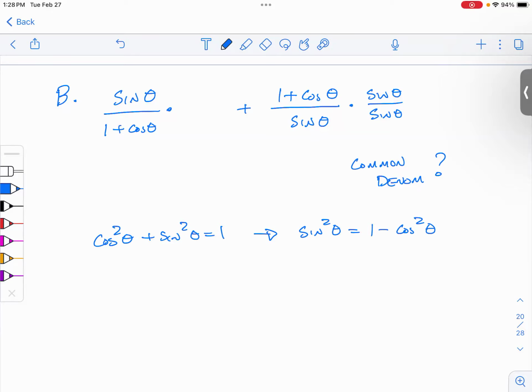And so I can mess with this one to hopefully create 1 minus cosine squared. What do I multiply this by to get, ideally, 1 minus cosine squared theta? Any of our techniques jump out? Oh, this is the conjugate one.